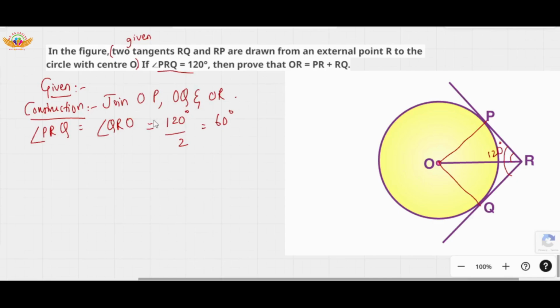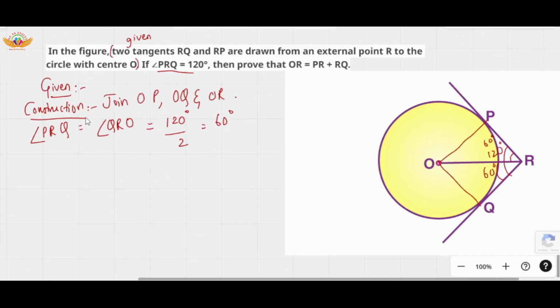Okay, so now this angle PRO is half of this 120, that is 60 degrees, and this angle QRO will be 60 degrees. 60, 60, total 120. That's what I have done here.